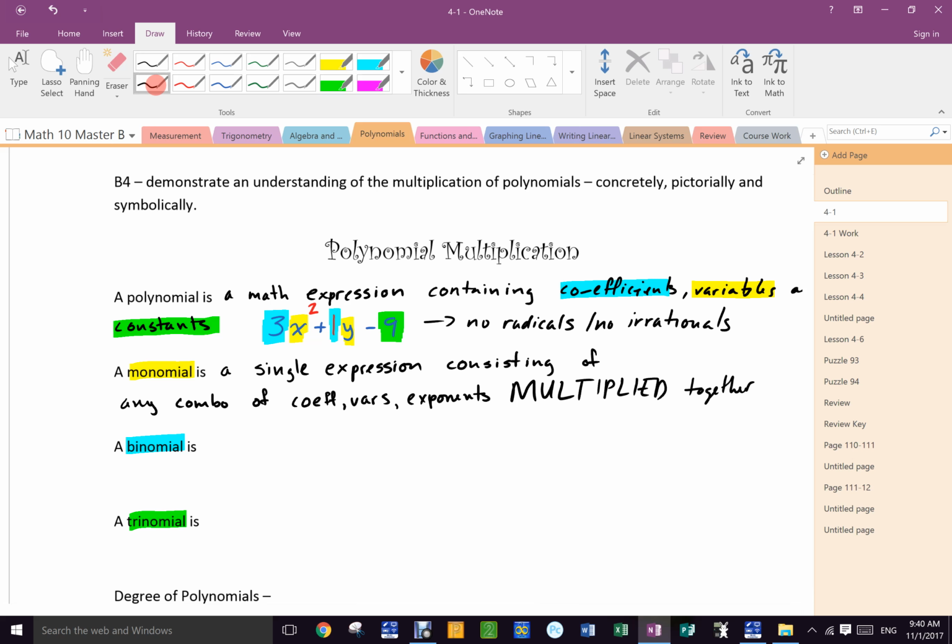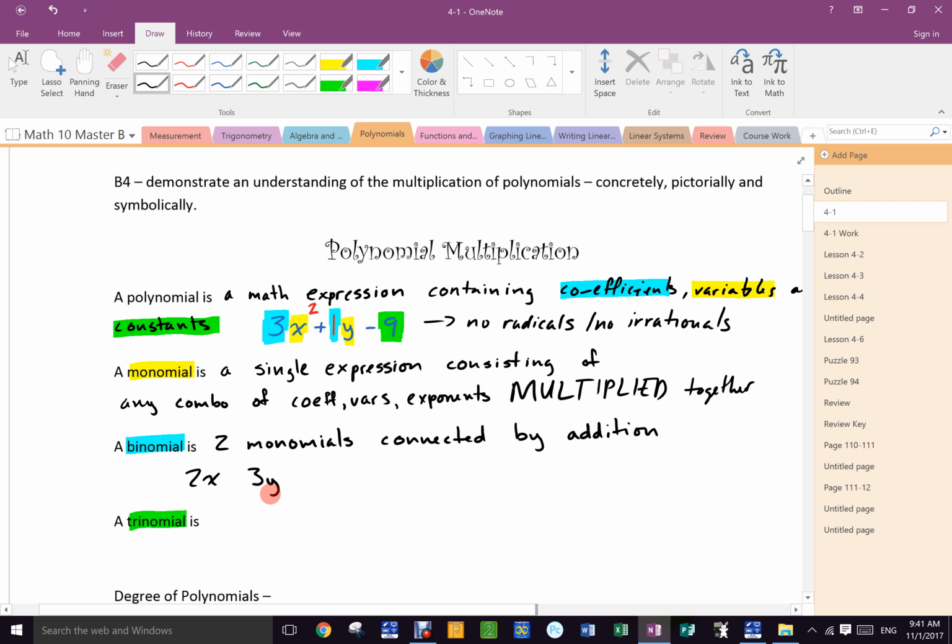So what then is a binomial? If a monomial is a single expression, what's a binomial? Two what? Two expressions. Or a binomial is two monomials connected by, what's the only math that we didn't talk about in the first one? Connected by addition. So, 2x monomial. 3y monomial.